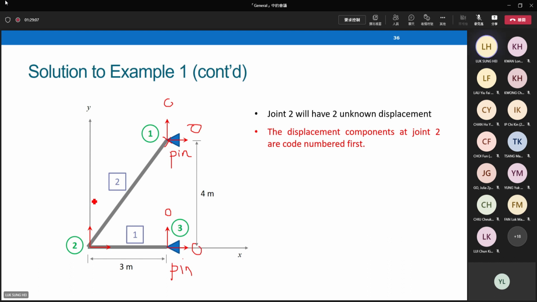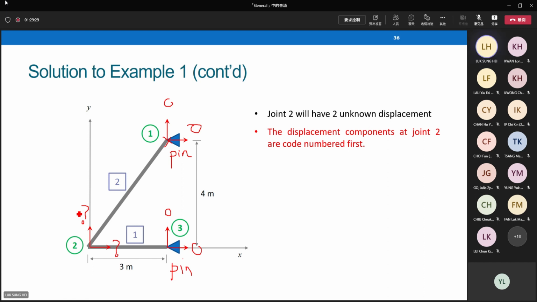What about node 2? Node 2 has no support, right? Node 2 is a free node. A free node is free to move horizontally and vertically. So node 2 contains 2 unknown displacements.